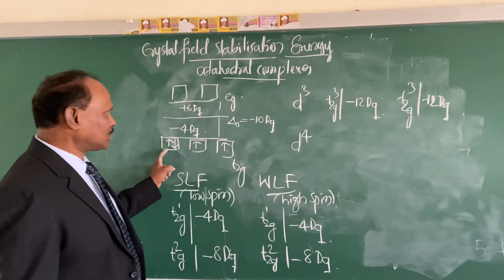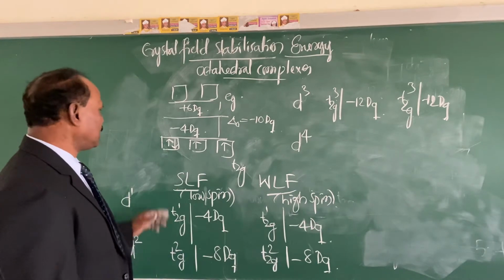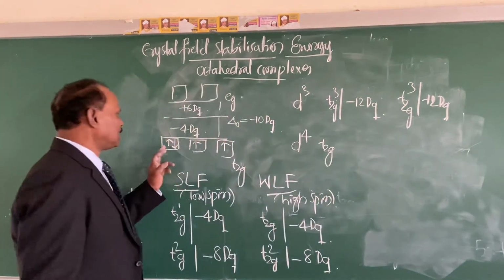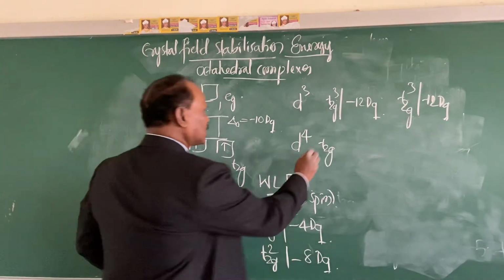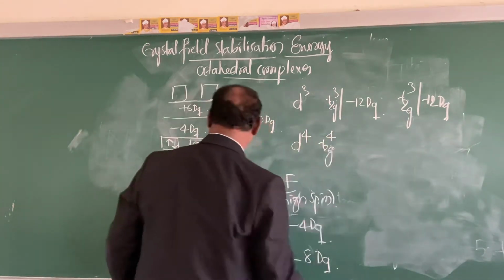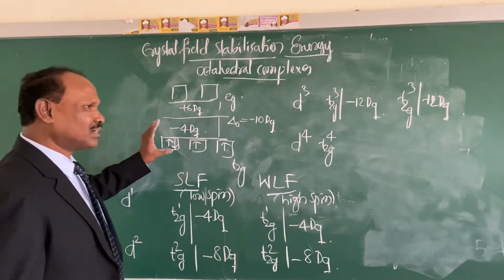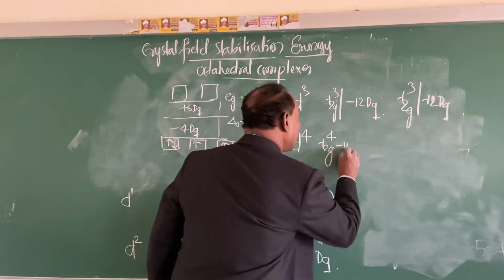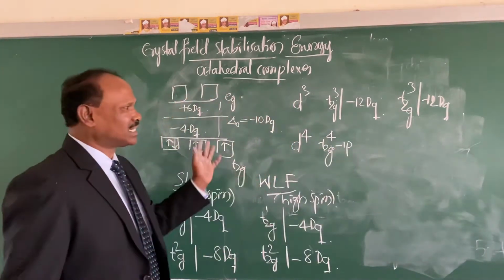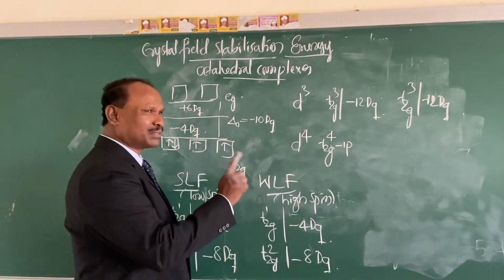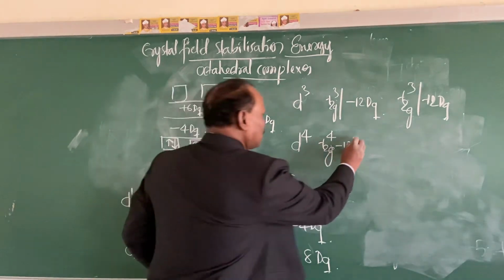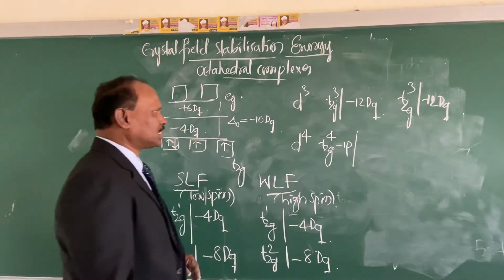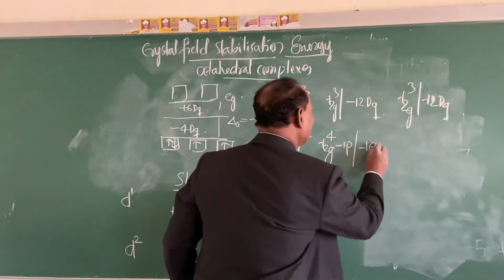So write its electronic configuration: t2g4, plus one pair of electrons. Put a dash mark and write one pair there. It is not a minus sign, it is a dash. And what about the energy? 4 electrons, 4 times 4 is 16, so minus 16 Dq.